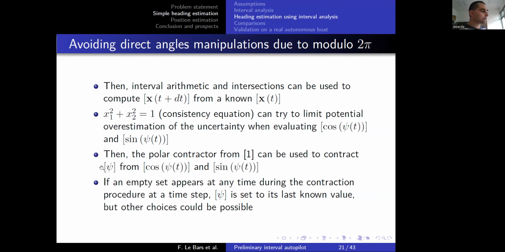And with all these interval computations, if at some point we have an empty set, we need to think about what to do. There are probably several strategies to react in case of an inconsistency, for example between the heading given by the GPS and the heading that we get from the gyrometers.